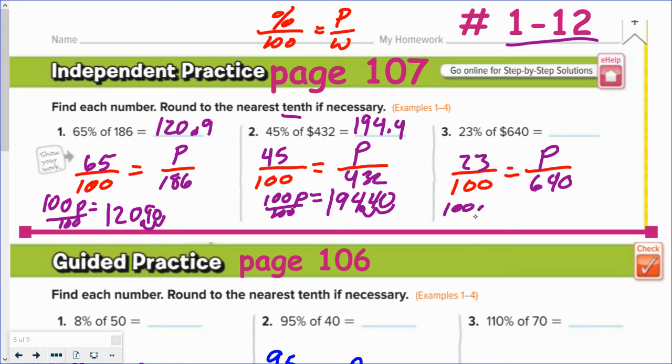All right, 100p equals, take your 23 times 640. I get 14,720. Divide by your 100, which means I move my decimal over twice. I get 147.2.